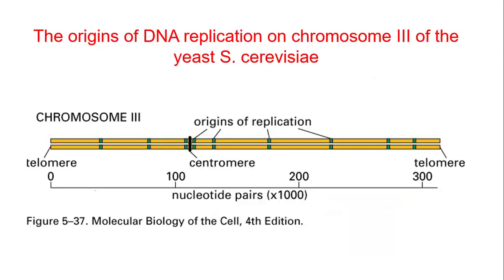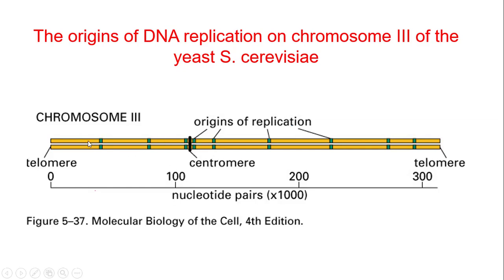So, the origins of DNA replication on chromosome 3 of the yeast Saccharomyces cerevisiae. If you look at it, you will appreciate this is chromosome 3. The telomeres are the ends of the chromosome, and where the chromosome is connected is called the centromere.